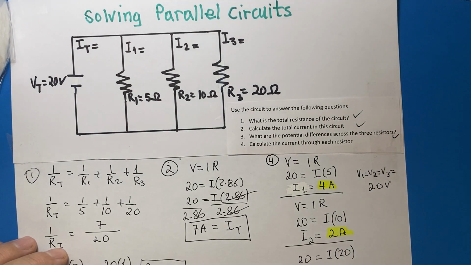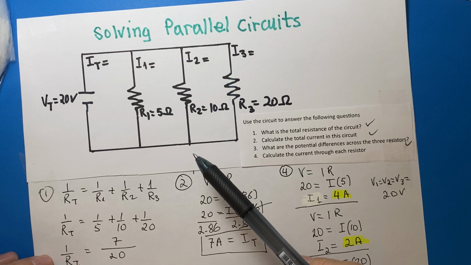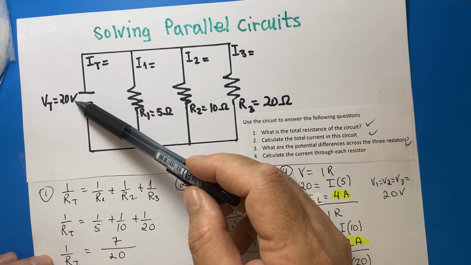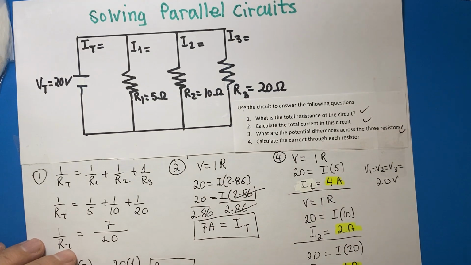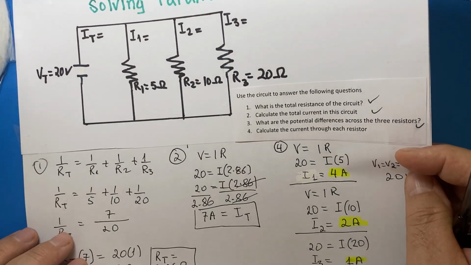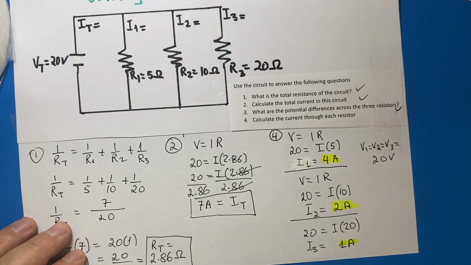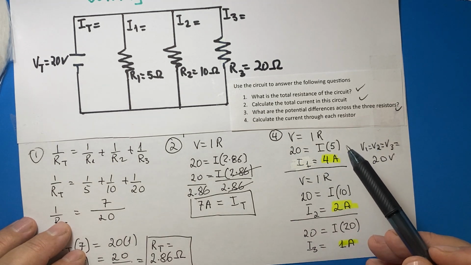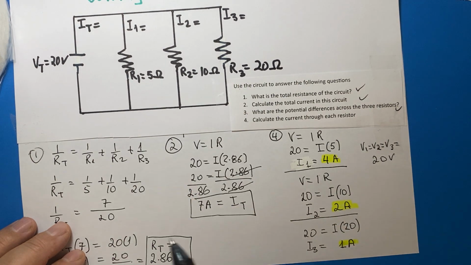Next question is, what are the potential differences across the three resistors? This is obvious because in a parallel circuit, the voltage in each branch is equal to the voltage of the source, the battery here. So 20, 20, 20. Last question is calculate the current through each resistor. Again, V equals IR, voltage is 20, I is required, 5 is the resistance for the first branch.